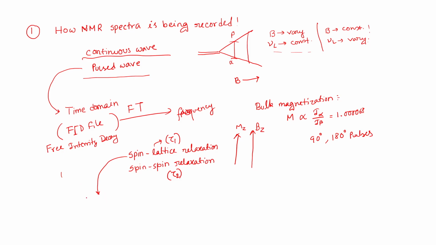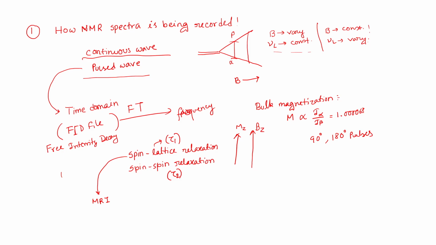Apart from detecting nuclei, another application of NMR spectroscopy lies in MRI machines, where different tissues of our brain can be imaged using this spin lattice relaxation time.